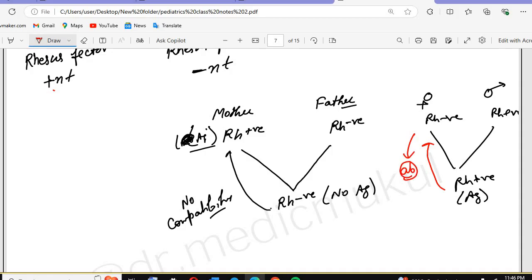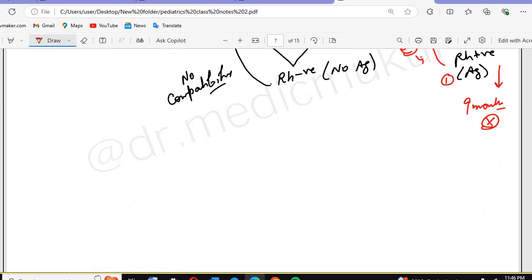Okay. Now this fetus will be delivered after 9 months. This is the first fetus, so there will be no problem in this fetus. But when the second fetus comes, let's suppose it is again RH positive. Now the mother has preformed antibodies.